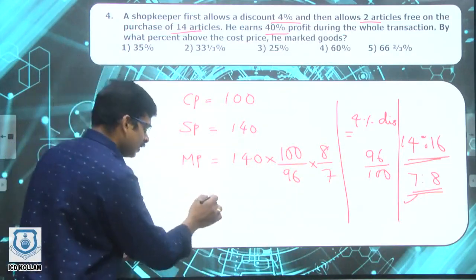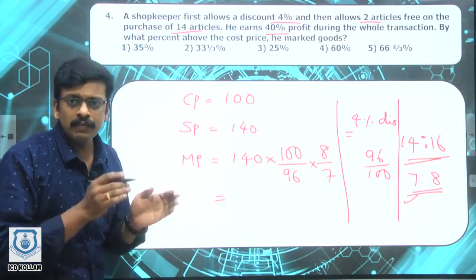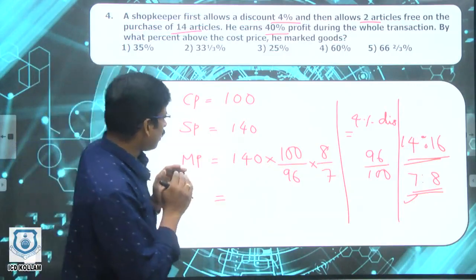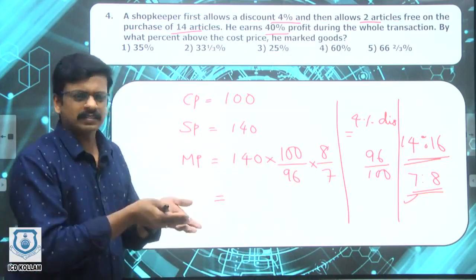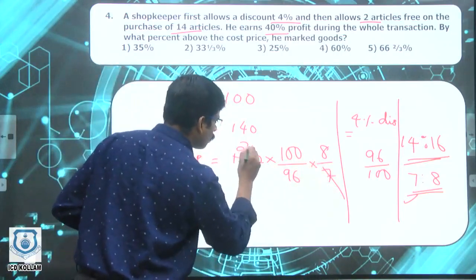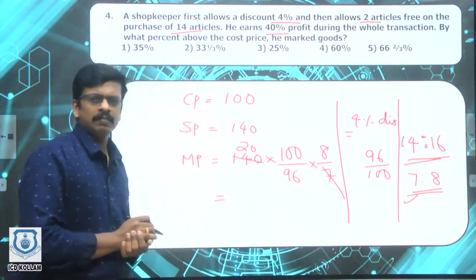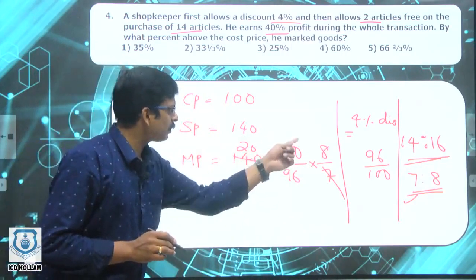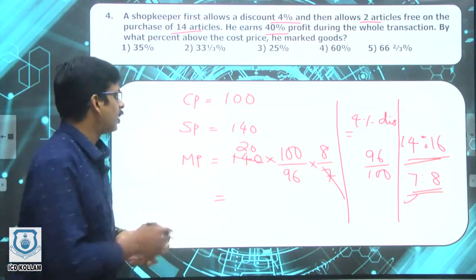So further is simplification, but the simplification should not be in a scattered manner. It should be in order. For example, this is better to take as 20 here. We can cancel these two numbers, but I think it is safe while keeping that 100 without simplifying.